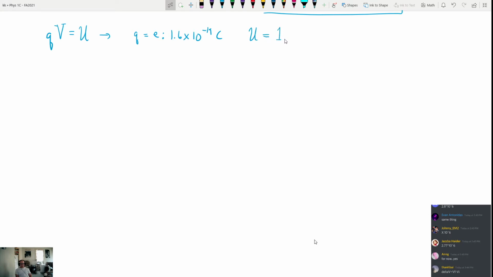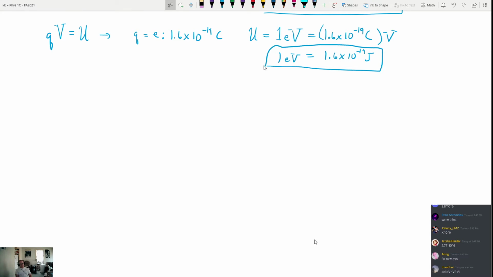So 1 electron volt corresponds to 1.6 times 10 to the negative 19 coulombs times volts, but a coulomb times a volt is just equal to a joule. So 1 electron volt has this value.